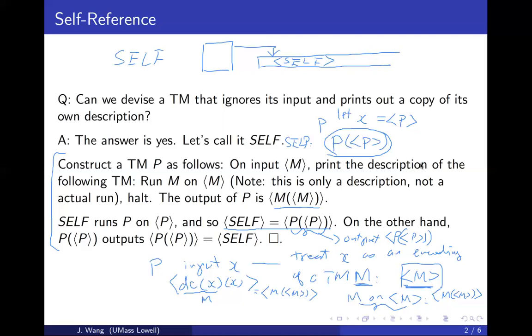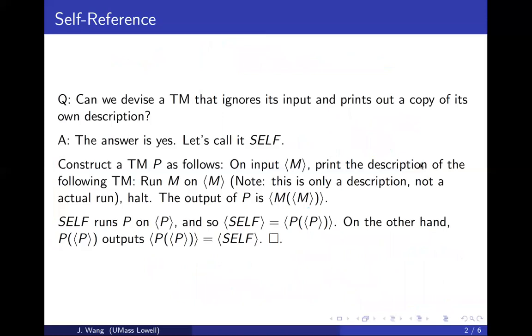So once again, maybe we pause a little and think about this. Let me start from here. What we do here is that we look at P for any input X. We think about X as an encoding, so I can decode X and get a Turing machine.